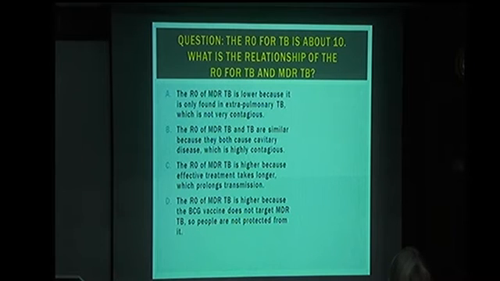Question for you. So the R naught for TB is about 10. What is the relationship of the R naught for TB and MDR TB? I think you're going to get this pretty quickly.